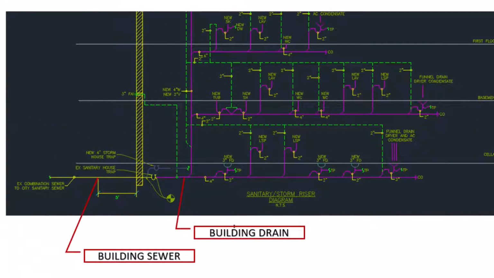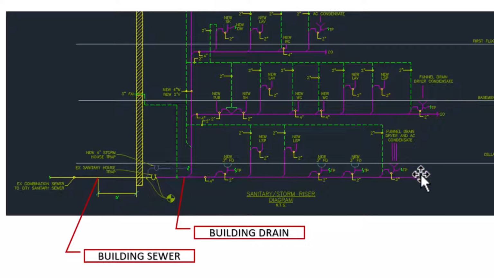And the difference is the building drain is the lowest horizontal waste pipe, or the lowest sanitary waste pipe in a building. And the building sewer is basically the extension of the building drain outside the building wall that extends to the city sewer piping, and it basically starts 5 feet outside of the exterior wall of the building.